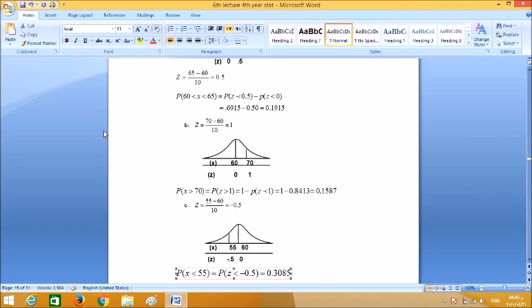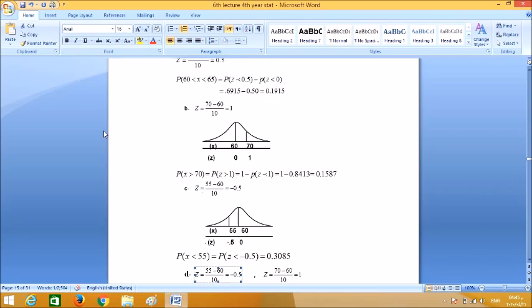This one. Okay, so the probability that x is less than 55 equals the probability that z is less than minus 0.5.